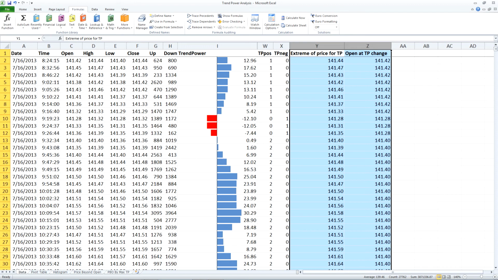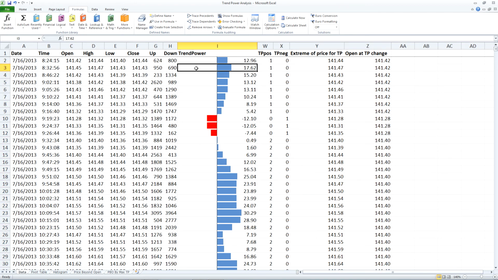So how far did it move based on this 1762 swing, or how far did it move based on the extreme of the swing here, which was minus 12.1.